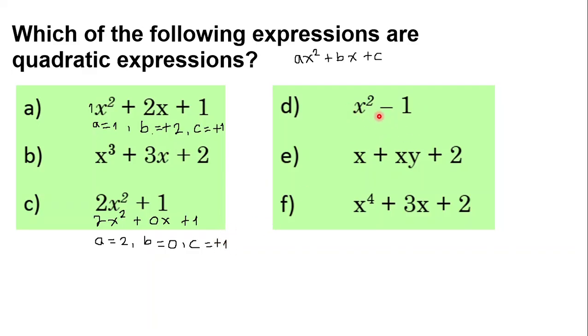Let's look at this one here. We already said it's quadratic, but is it in the form of ax squared plus bx plus c? Let's see that. Notice that this expression can be written as x squared plus 0x minus 1.